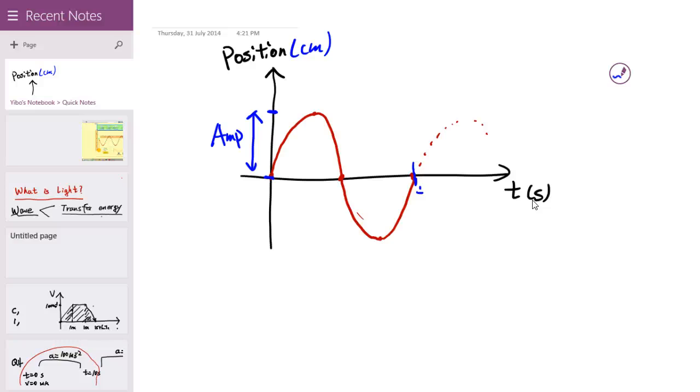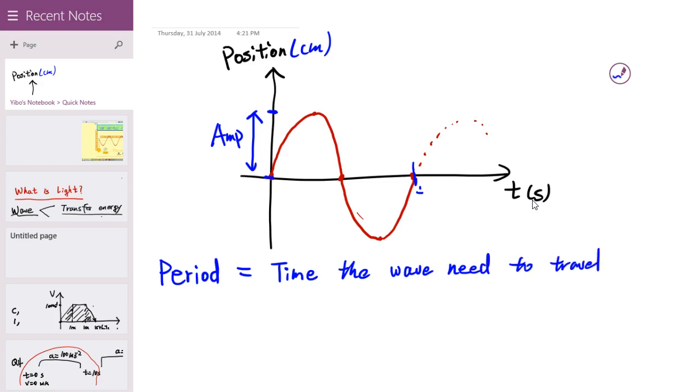We call that a period. It's the time that a wave needs to travel one wavelength. I just write a lambda for wavelength. The energy needs this much time to travel one wavelength, and this we call a period.